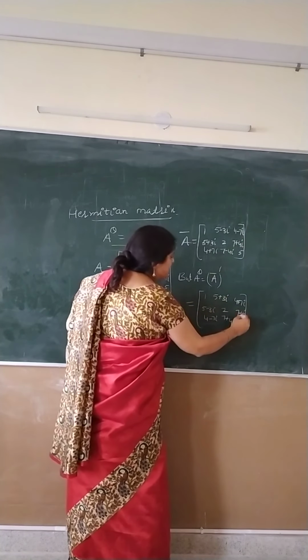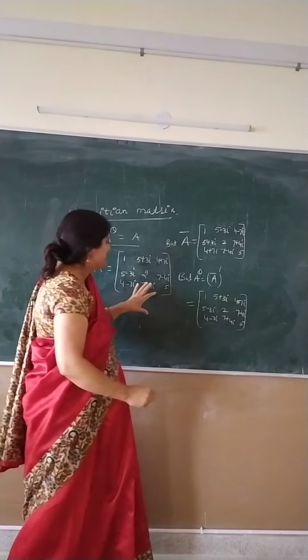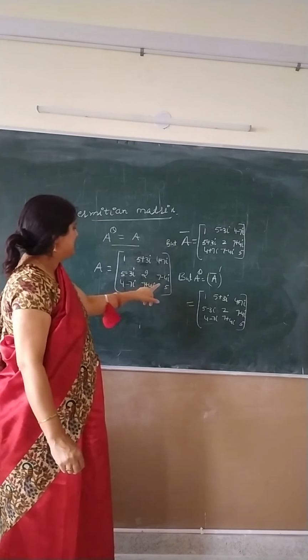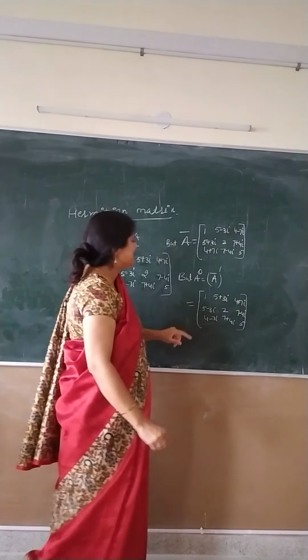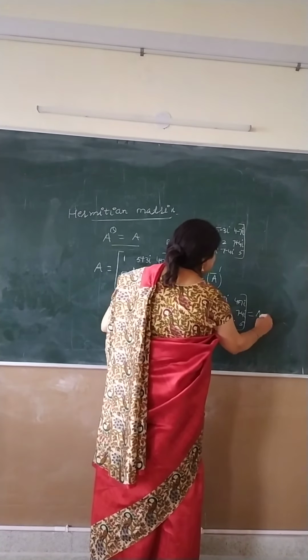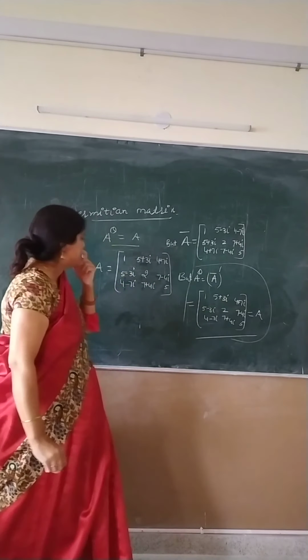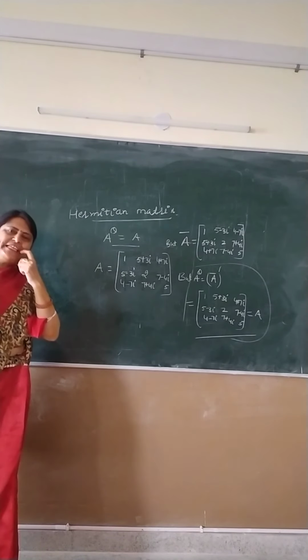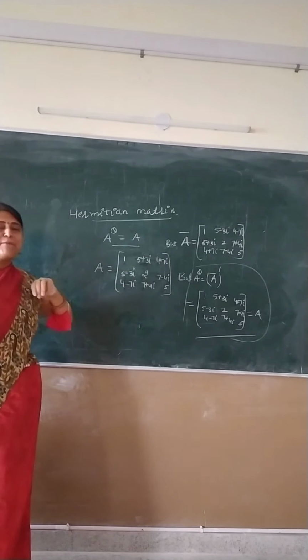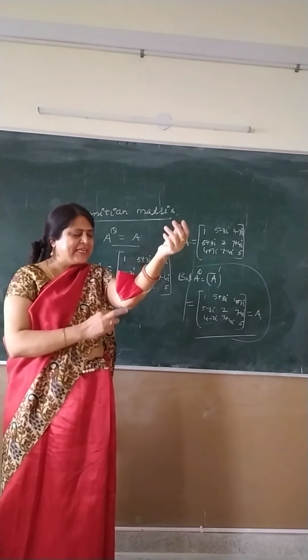Row, column will become row. And see students, you can check. This is equal to A. Now conjugate transpose of a matrix is the matrix itself. Therefore, it is this matrix. This is the example of Hermitian matrix.